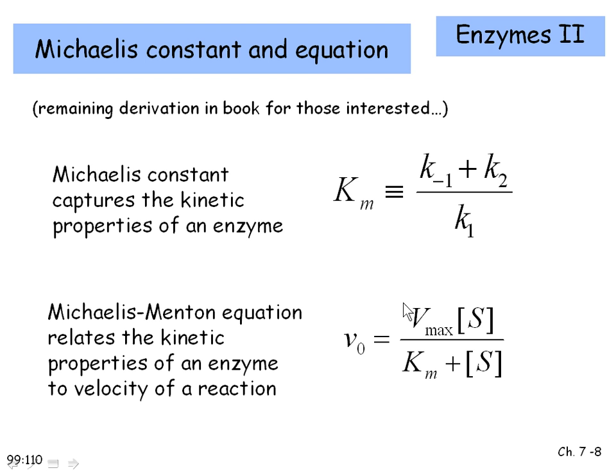It'll be proportional to Vmax, the rate at which an enzyme goes when it's completely saturated and going at top speed, maximal velocity, times the substrate concentration, over, or inversely proportional, to the Michaelis constant plus the substrate concentration. So the Km is going to enter into it, but the substrate concentration will as well.